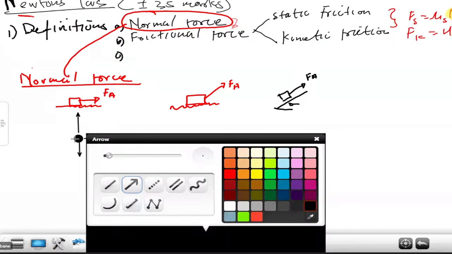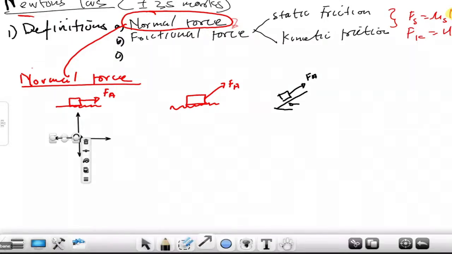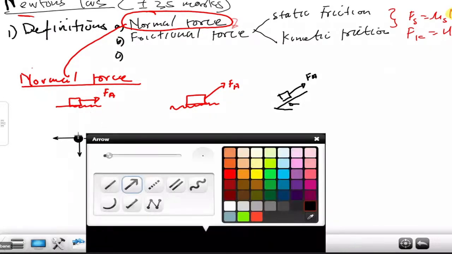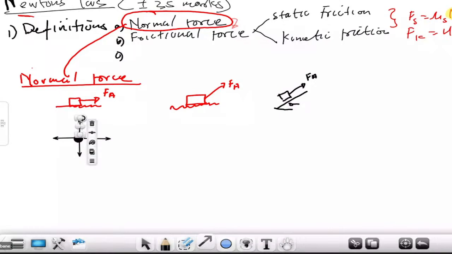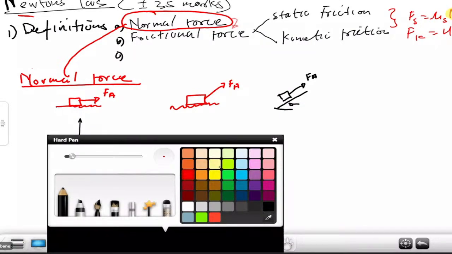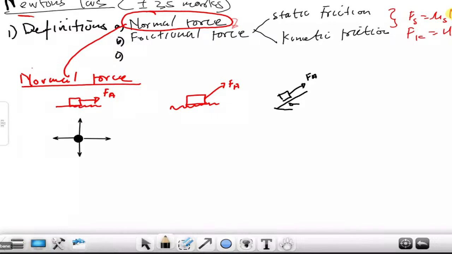So I'm quickly going to draw here and move this one a little bit lower. In this position, provided that I have the correct free body diagram, it becomes easy to say this is my force applied, this is my normal force, this is my FK friction, and this is my FW.